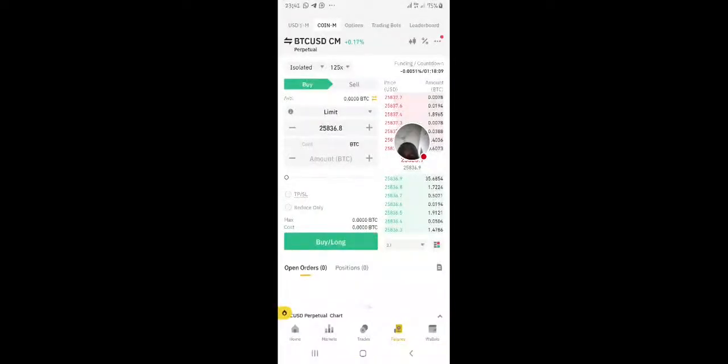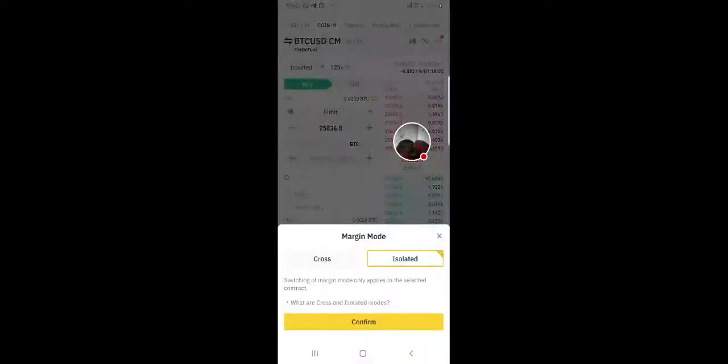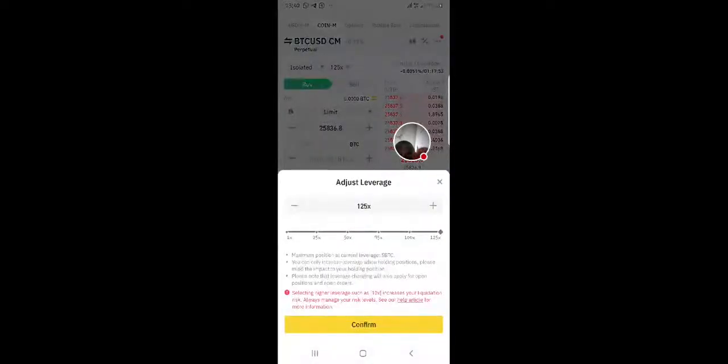So I've explained isolated and cross margin mode. Now I want to explain the X here. If you can see this X, you have 100X, 125X, 75X, 50X, 25X, 1X. This is called leverages.